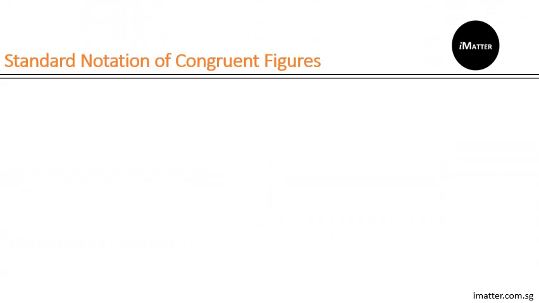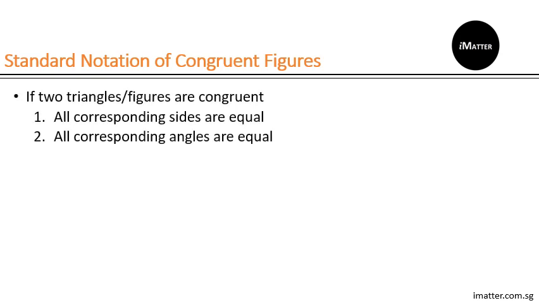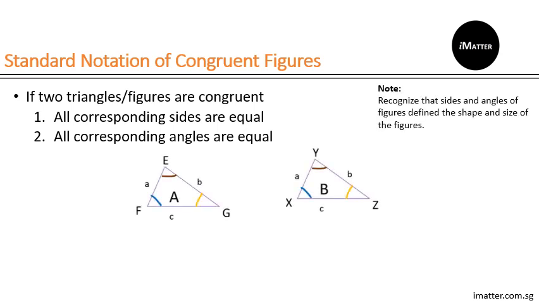Before we learn how to write the standard notation of congruent figures, let us take a look at the conditions that define congruency. If two triangles or figures are congruent, all corresponding sides are equal. All corresponding angles are equal as well. You must be able to recognize that the sides and angles of figures define the shape and size of the figures.